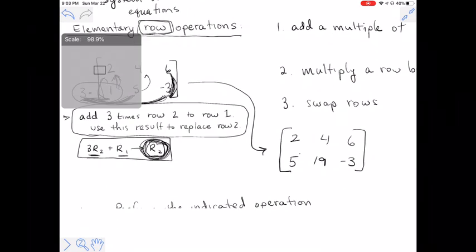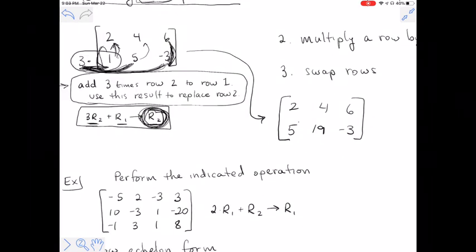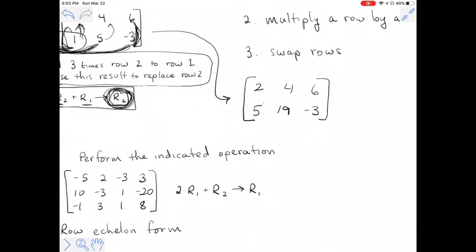So we're going to practice that again. Perform the indicated row operation. We're going to multiply all the entries of row 1 by 2, and then we're going to add that to the entries in row 2, and then that's going to replace all the entries in row 1. So ultimately, the only entries that are going to change are the entries in row 1.